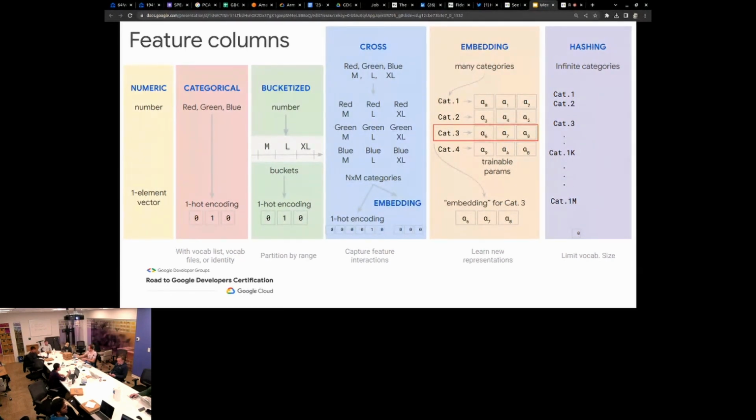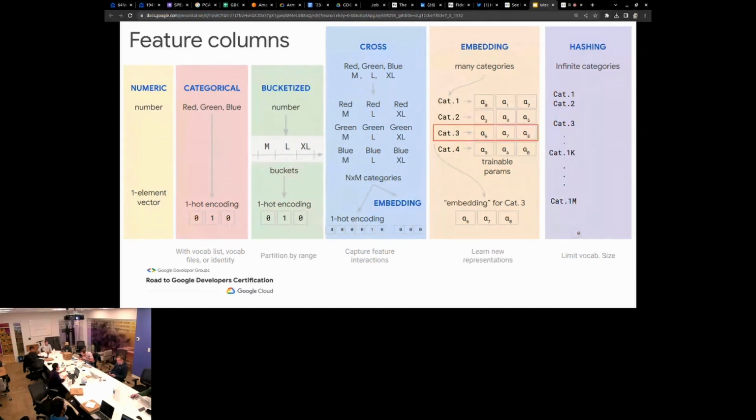So if you want to have a vector for green, the cell for red and the cell for blue would be 0, and only the cell for green would be hot, or 1. And it gives you a sparse representation of your data.